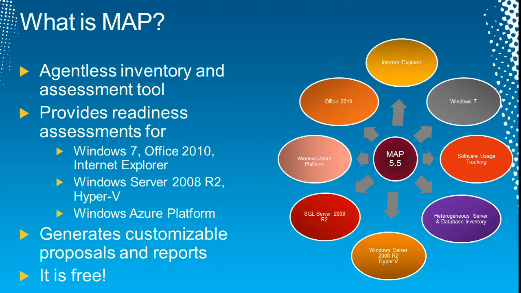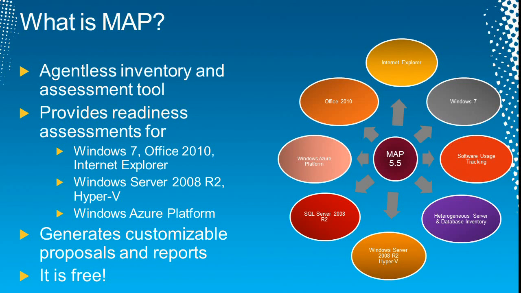All you need is a machine that has MAP installed, and a few settings, like opening up the remote administration port and a few other things. Then the tool would be able to run. The second aspect of MAP is that once it has the inventory data, you can run specific assessments based on the migration scenario you are targeting.